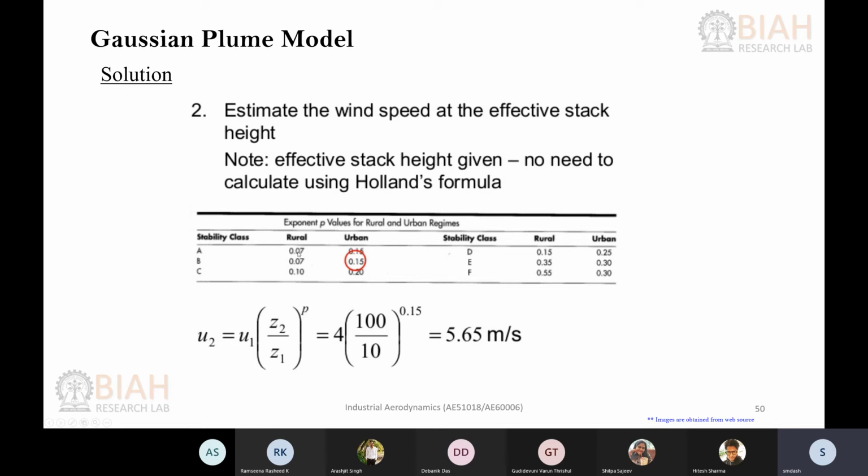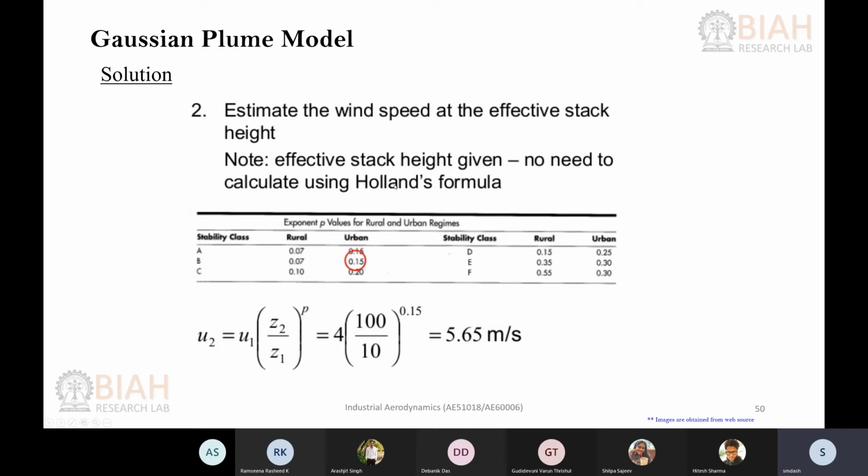P in this case, since we know the stability condition is B and it's an urban condition, you get 0.15. You just need to substitute 0.15 here, and from that you can find out the wind speed at the effective height, which is 5.65 meter per second. So using this power law model, you can find out the velocity at the effective height.